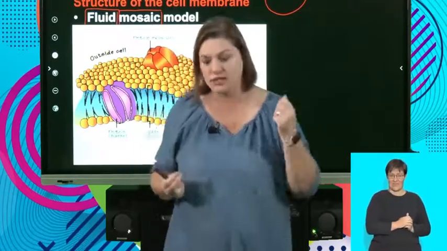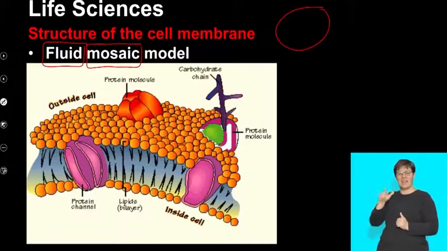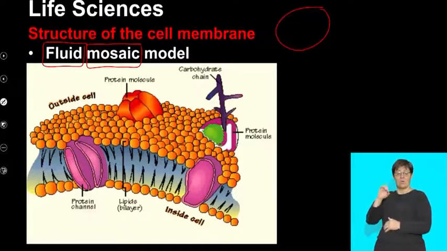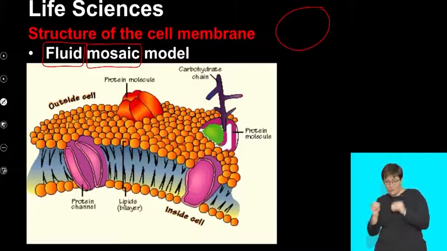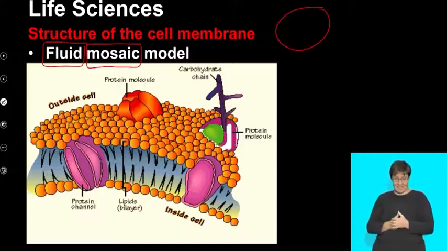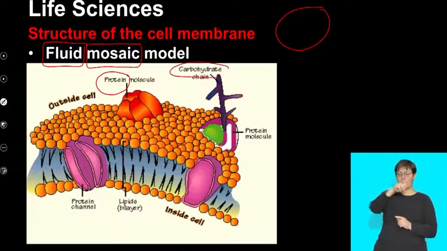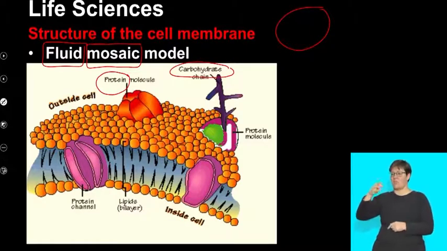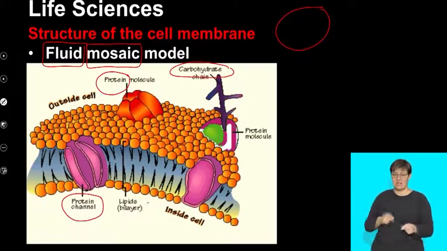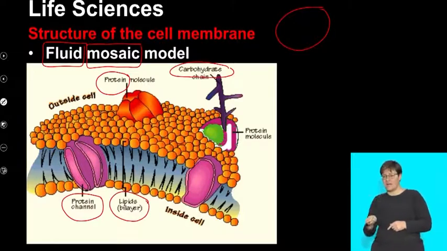Now, what is a mosaic? When I make a mosaic, I put pieces together. I want you to notice, as I said, you don't have to notice all the things, but let's have a look at the words here. Protein, carbohydrate, and protein, and we're going to come to this one just now, lipids, biochemistry.